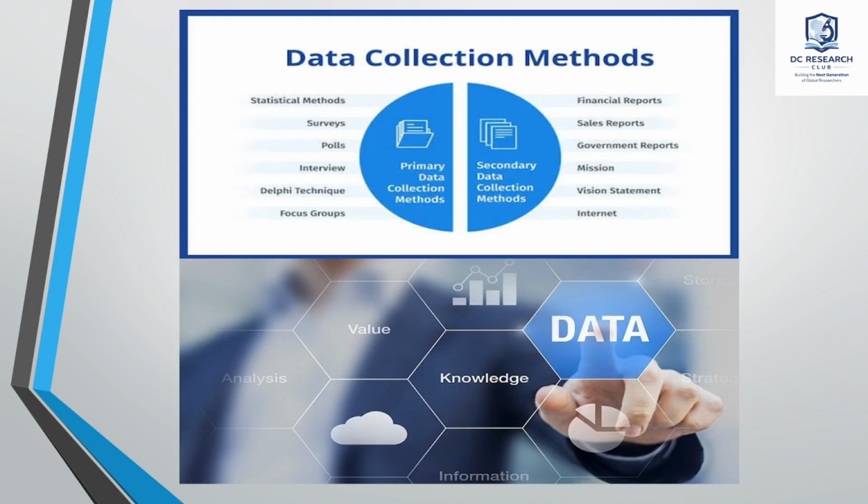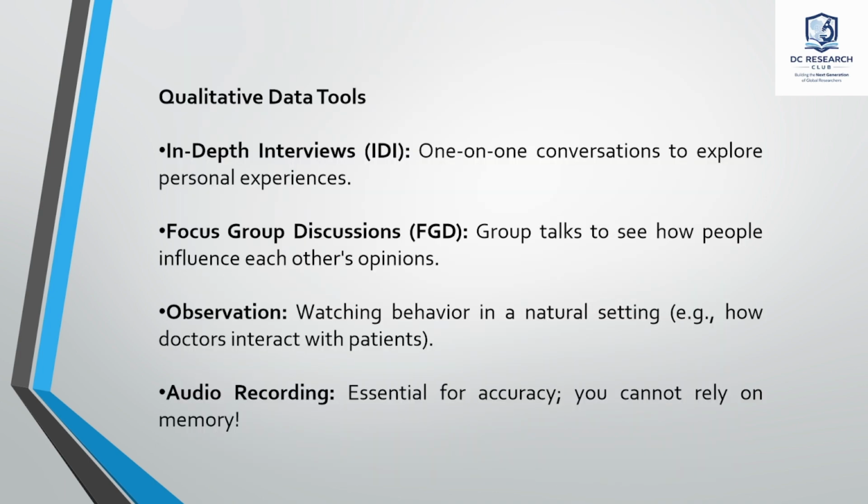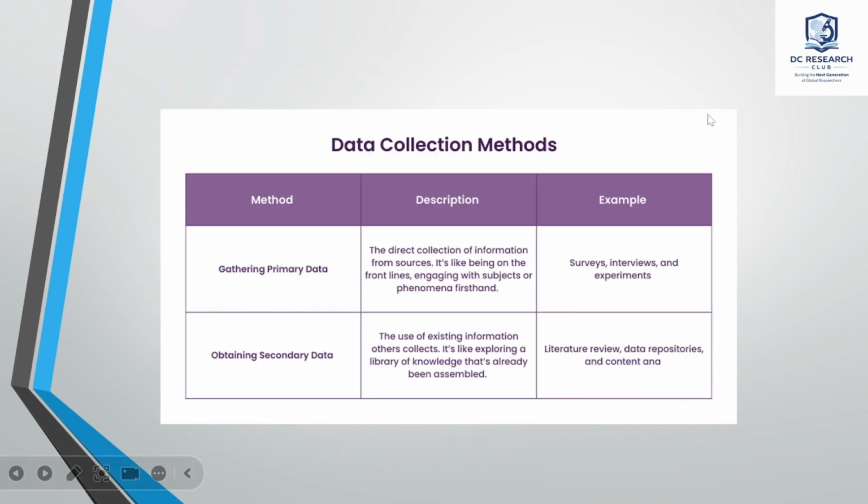So when it comes to research per se, one of the most important things is to know what kind of study you are doing in order to know what kind of data you have to collect. If you are doing an experiment, you cannot be looking for what has been done before to collect your own data. You are looking for your own first-hand information of your original experiment. That means you are collecting primary data, and you can use different data collection tools to collect primary data. You can also use Excel to store, to input any information, any values or variables that you might have observed during your experiment.